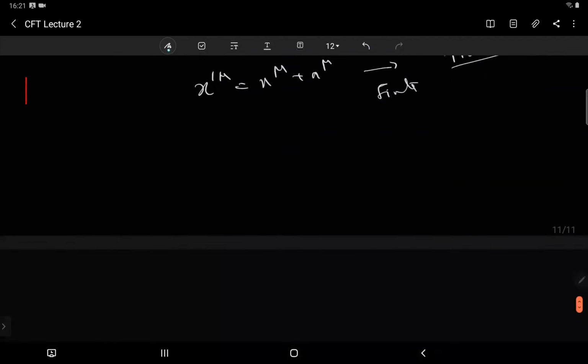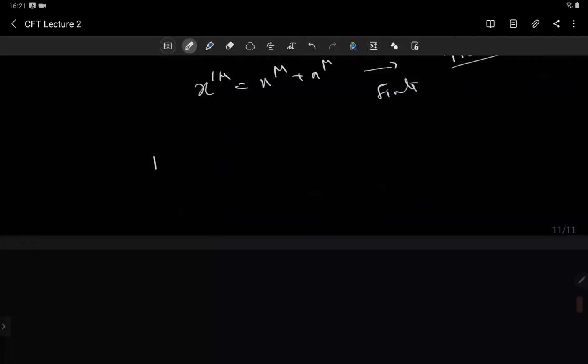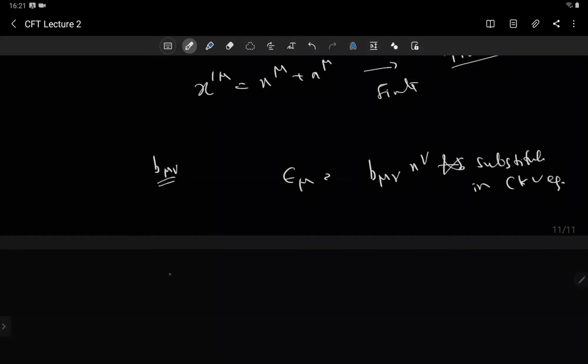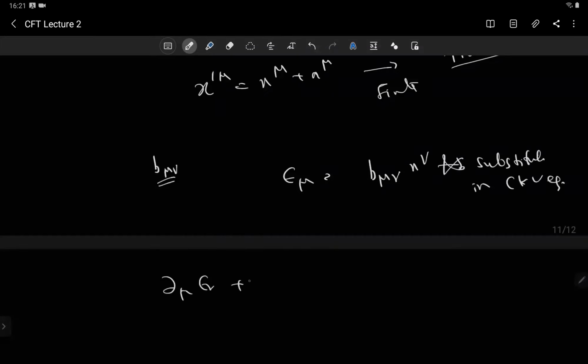Now let's put A and C to 0 and let's take B mu nu and see what kind of restriction we get. So we take epsilon mu to be B mu nu x nu and substitute in the conformal Killing vector equation. So that was del mu epsilon nu plus del nu epsilon mu equal to 2 by d del rho epsilon rho eta mu nu.